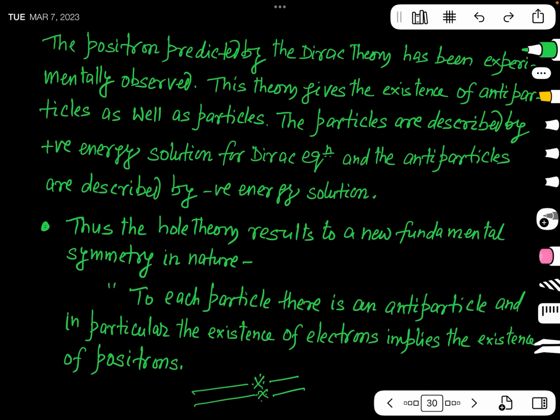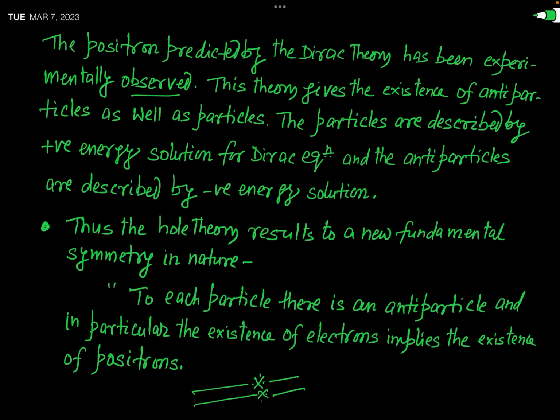Now, the phenomena predicted by Dirac theory have been experimentally observed. This was just a hypothesis of Dirac, and on the basis of two hypotheses Dirac explained the negative energy state of the electron. But after the advent of Dirac theory, many scientists verified it by experiment, and it was confirmed, so now it is a valid theory.